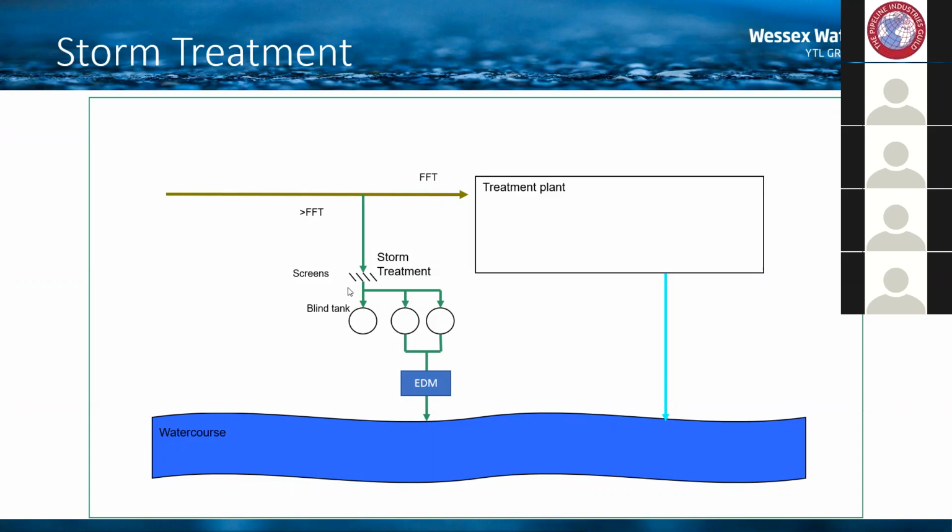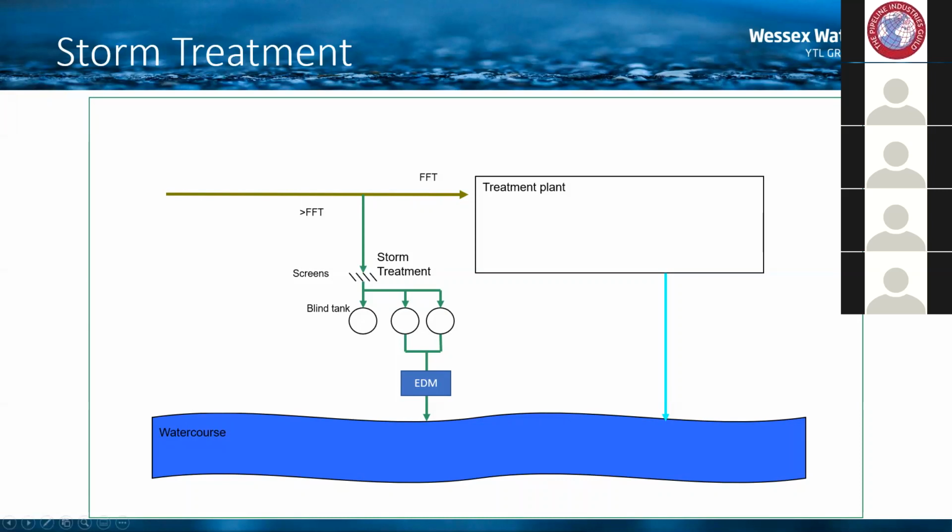By that point, it is really, really dilute. Whilst that's going on, we've still got our flows to full treatment, our permitted flows, going through the treatment plant, and that's still treating a good proportion of the sewage, which is coming out then as final effluent.